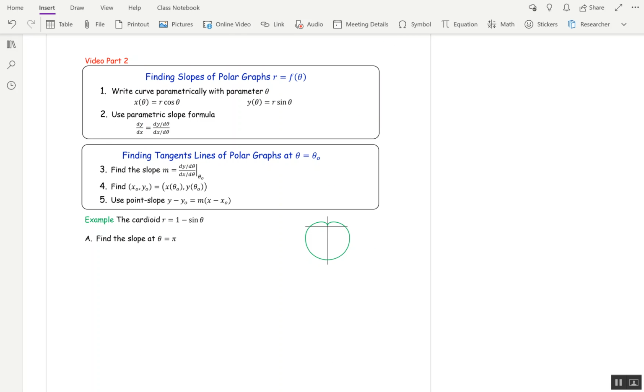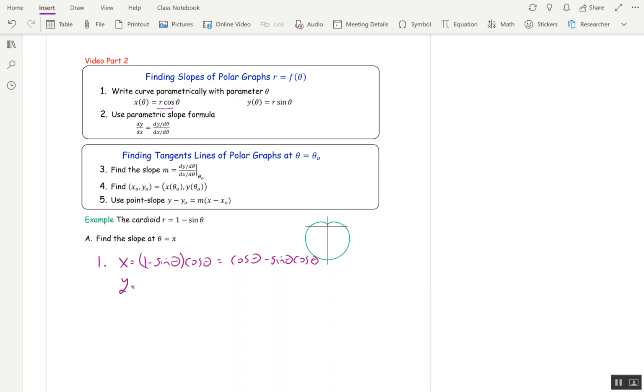So step 1, before we can do anything, we need to write the curve parametrically. X is r cos theta. R is 1 minus sine theta. So x is 1 minus sine theta times cosine theta, and I'm going to distribute, that's cos theta minus sine theta cos theta.